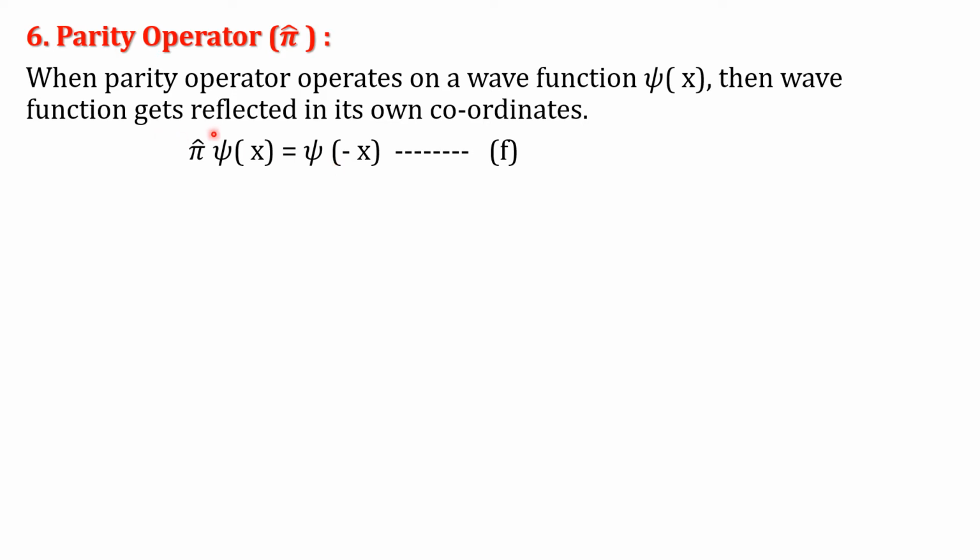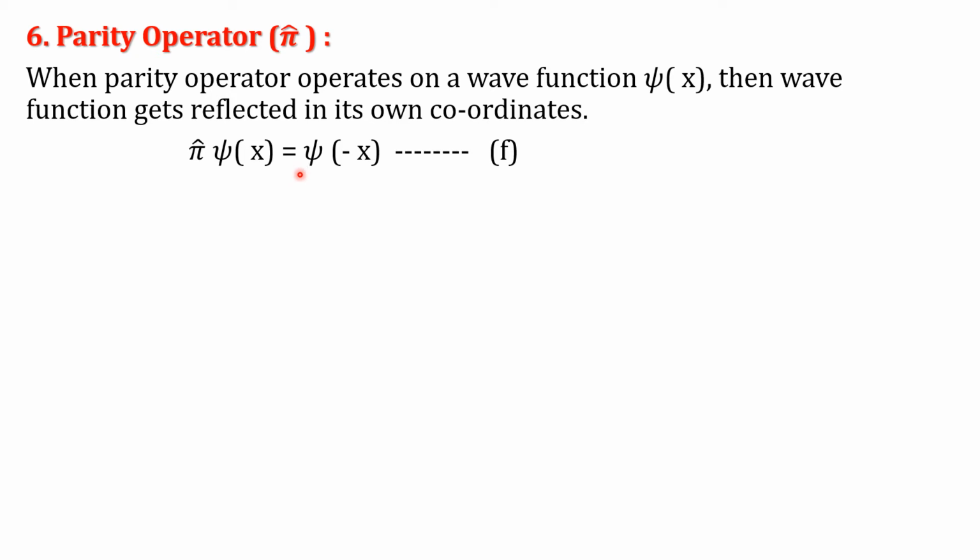We get the same function reflected in its own coordinate, meaning psi of x will become psi of minus x. So the parity operator we express in that form of the equation, pi psi of x equal to psi of minus x, since that function reflects in its own coordinate, x becomes equal to minus x.